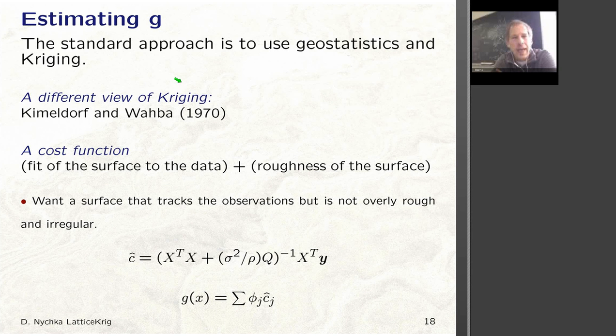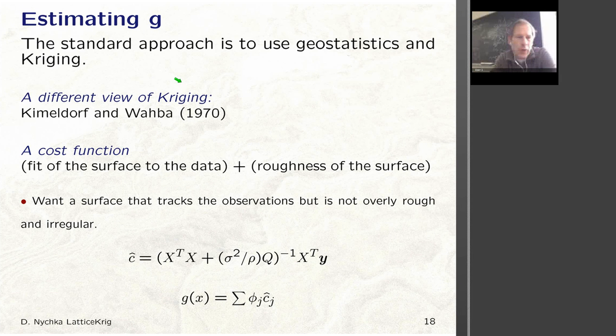This is not really dealing with the conventional way that geostatistics is done. I want to pitch this as thinking about a cost function approach or a variational approach. This is how splines are presented.